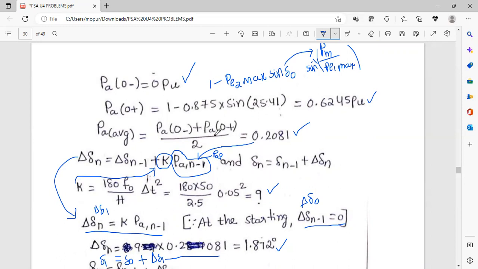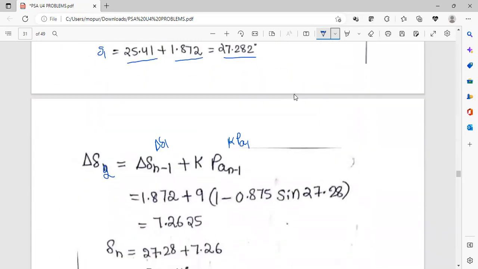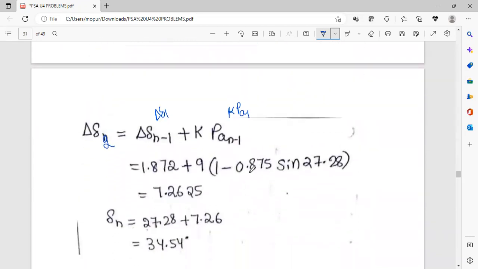How to find PA1? PA1 is the same as before, again we had PA1 equal to 1 minus PE2 max.